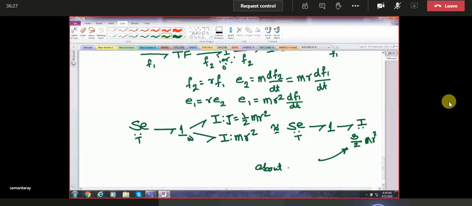Omega doesn't change. Moment doesn't change. Why? Omega and T do not change because there are three vectors.